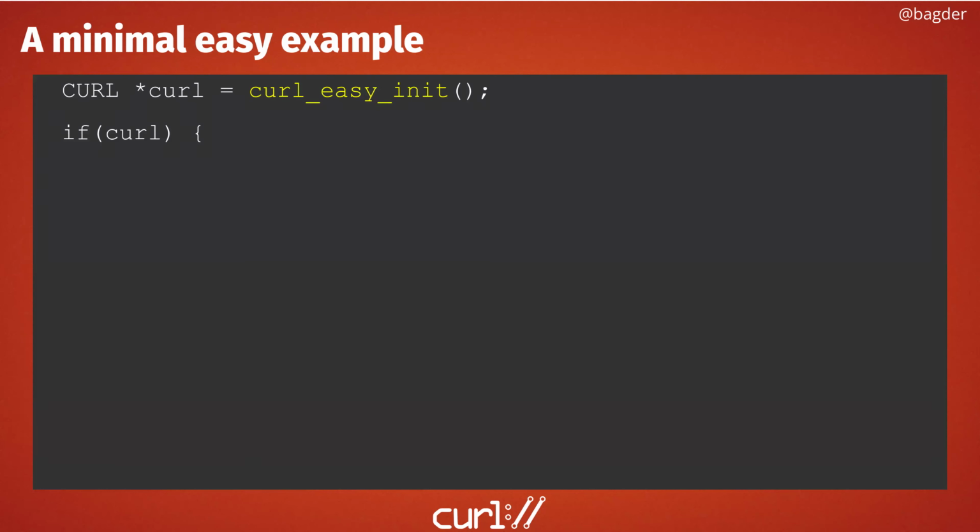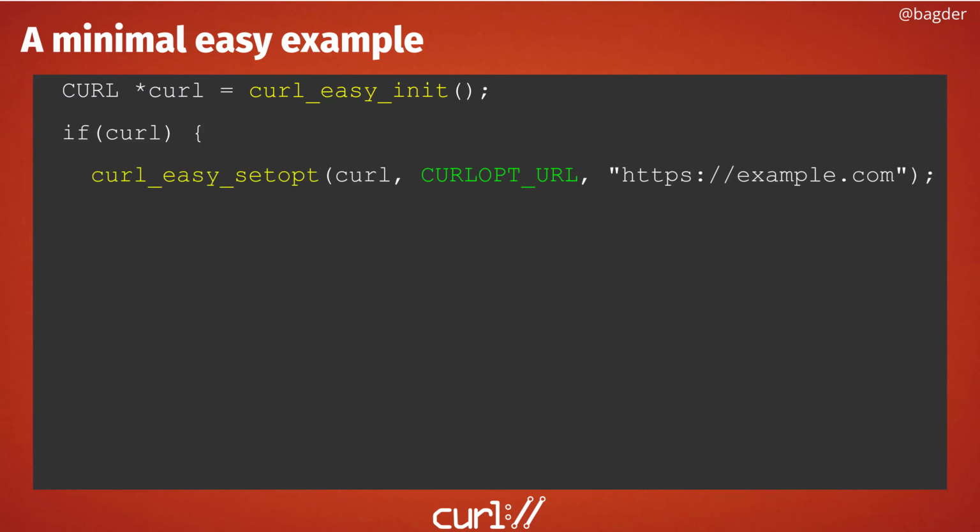Otherwise, something is seriously wrong. Let's not go there. So we got a URL easy handle. We set the URL for it. We ask it to follow redirects, CURLOPT_FOLLOWLOCATION. And the capital L there, 1L, is because it's so long. So it emphasizes and tells the compiler this is a one set as a long type.